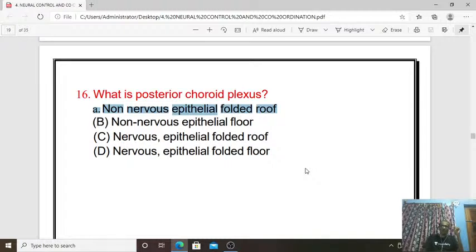That is important for cerebrospinal fluid production. Okay, so the answer is A for the 16th one.